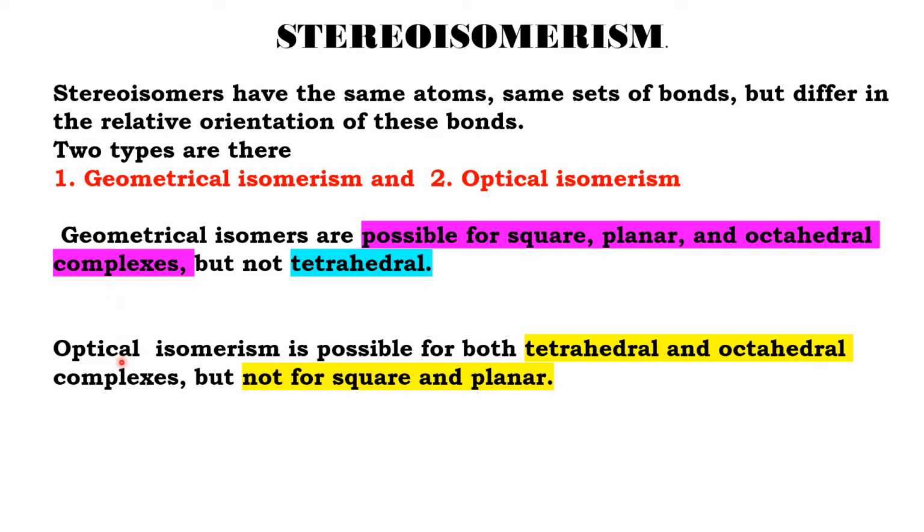In the case of optical isomerism, square planar complexes never show optical isomerism, but tetrahedral and octahedral complexes do. So geometrical isomerism is not exhibited by tetrahedral complexes, while optical isomerism is not exhibited by square planar complexes.